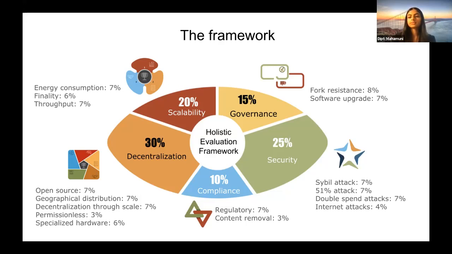This model emphasizes the importance of these requirements in today's blockchain systems by assigning nearly half of the weightage to considerations related to scalability, governance, and compliance. And by balancing scalability, governance, and compliance requirements with security and decentralization requirements, this model is able to achieve a holistic evaluation framework.